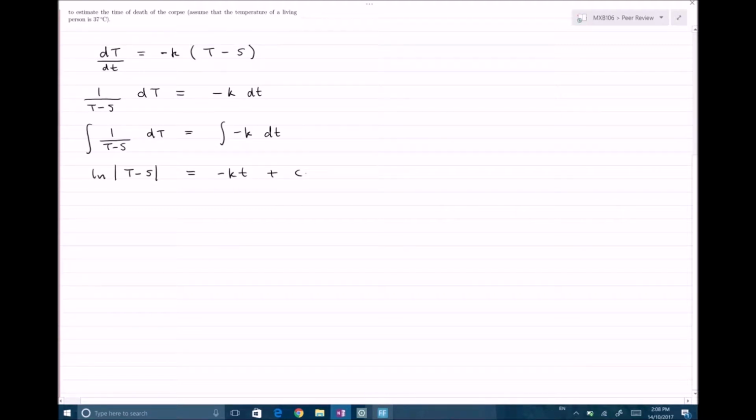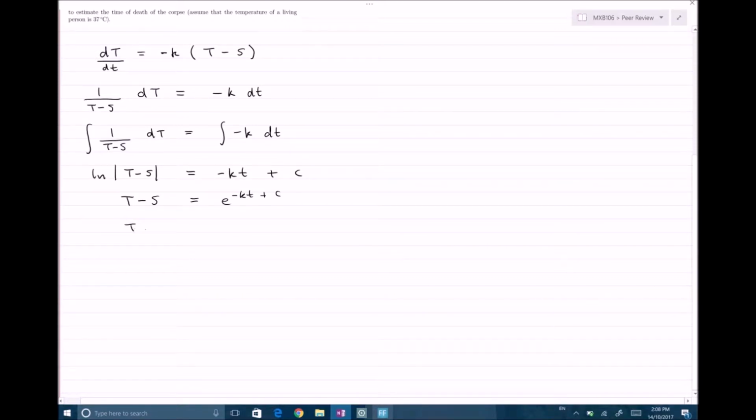So we're going to be rearranging the log over here. T minus S is equal to e to the power of negative kt plus c. Because that is the same as e to the negative kt multiplied by e to the c, our e to the c factor can simply be a constant.